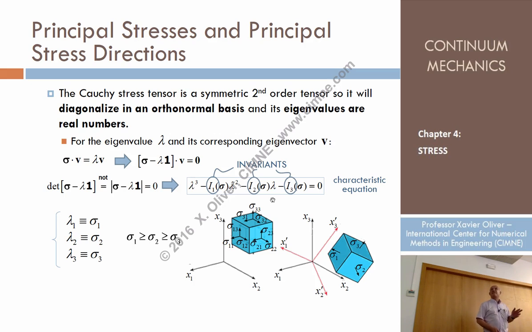So when I say that the components of the stress tensor change when I change the basis, that's true, in general they change. But there are certain combinations of these components that will not change. That's very important for us, because they will be a scalar number, because these are scalars, that represent properties of the stress state that do not depend on the system of coordinates.